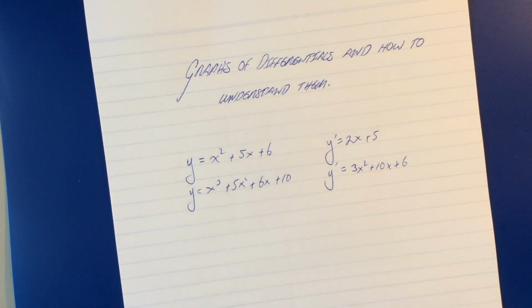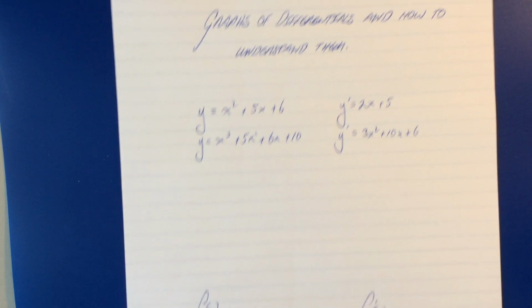If we have a quadratic to differentiate, we're going to wind up with a linear equation. So when we are looking at the graph of the differential of a quadratic, what we're looking at is the graph of a linear equation.